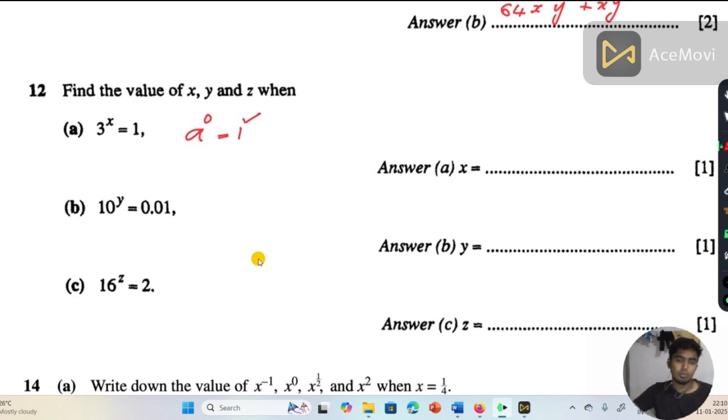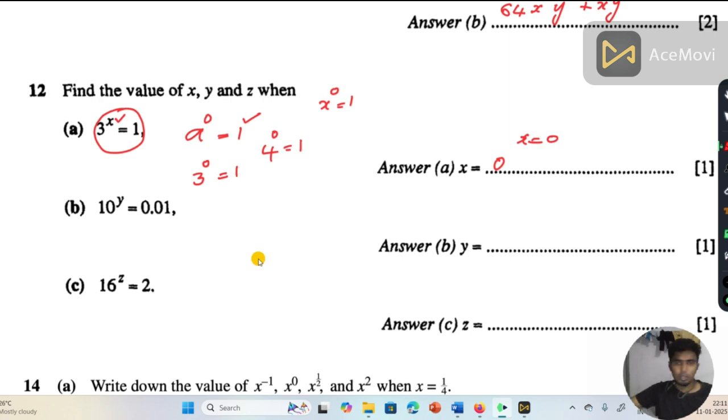If you need the answer 1, that power must be 0, like 4 raised to 0 equals 1, x raised to 0 equals 1. So here 3 raised to x equals 1 means the value of x must be 0, since 3 raised to 0 equals 1. So x is equal to 0.